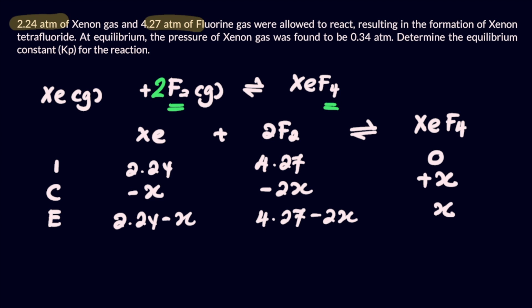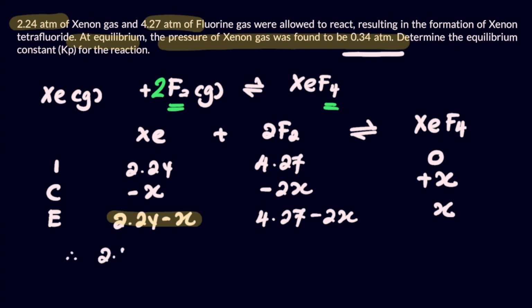In the question, it is stated that the pressure of xenon gas was found to be 0.34 atm at equilibrium. So at equilibrium, the pressure of xenon gas is equivalent to 0.34 atm. Therefore, 2.24 minus x is equivalent to 0.34. So where do we get this value? It is from here.